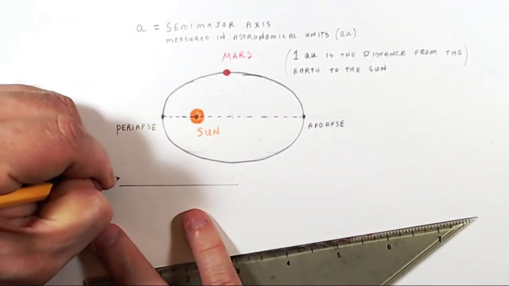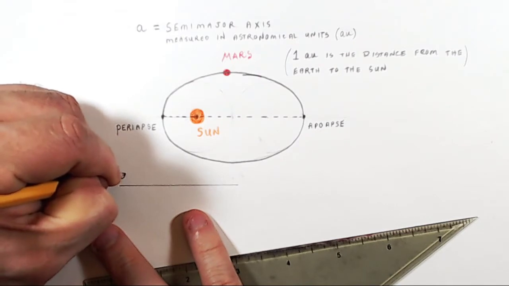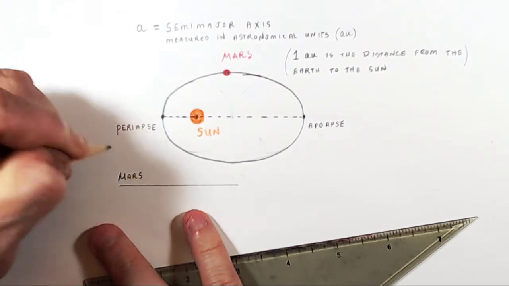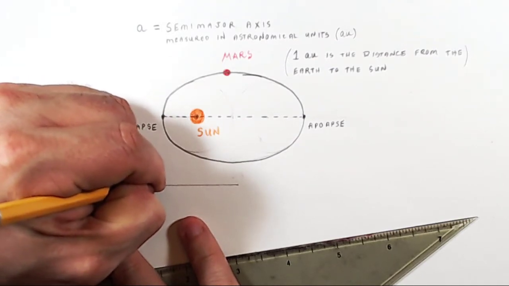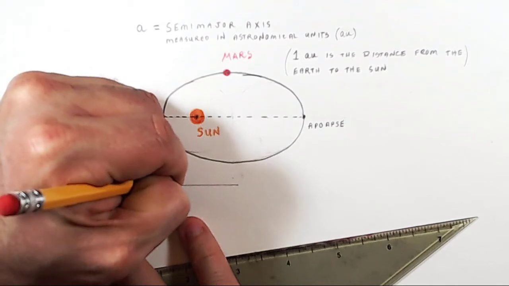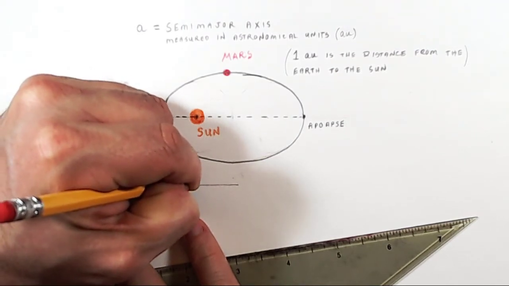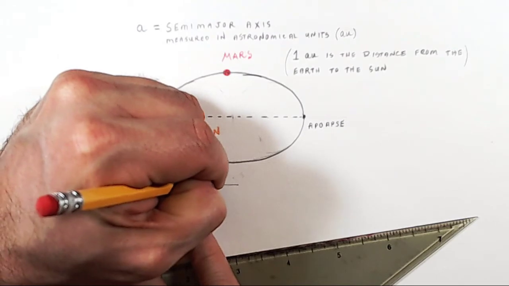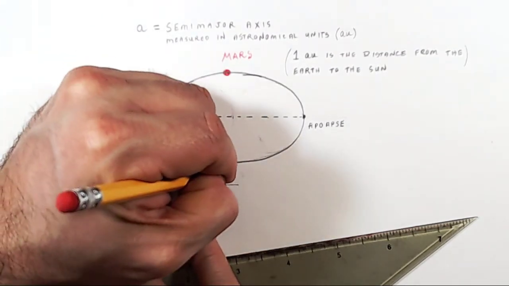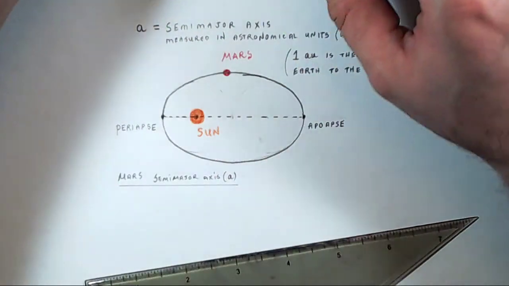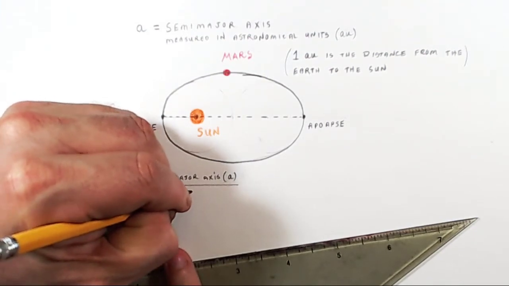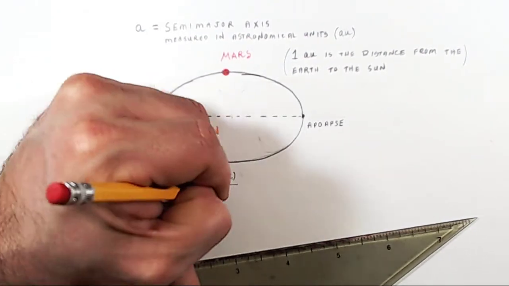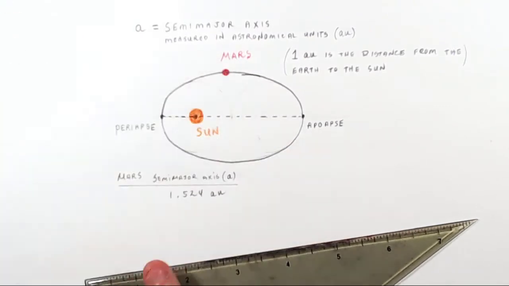The semimajor axis of Mars. So we'll do Mars and then its semimajor axis, or A, was equal to 1.524 astronomical units.